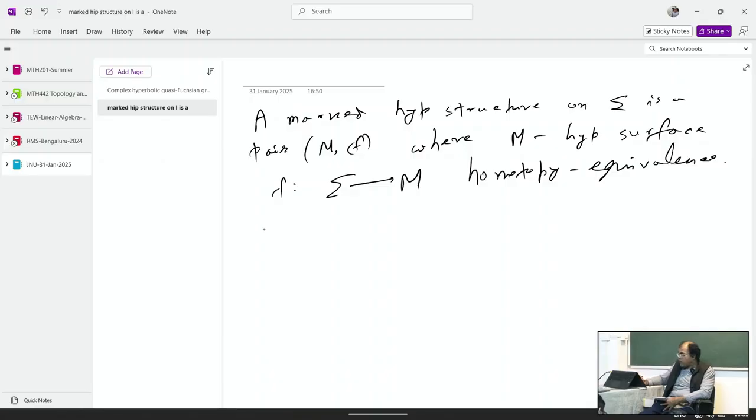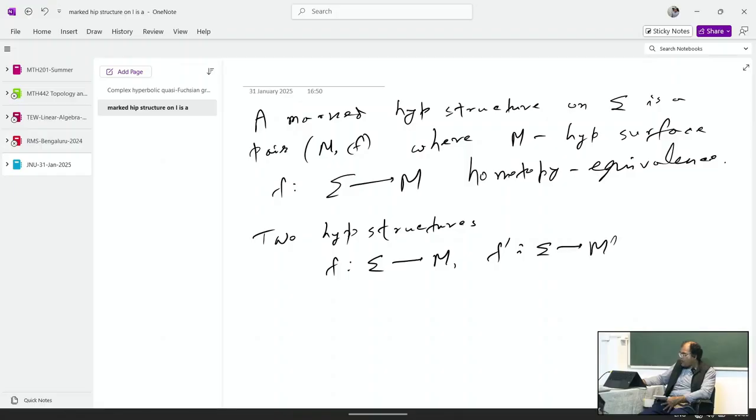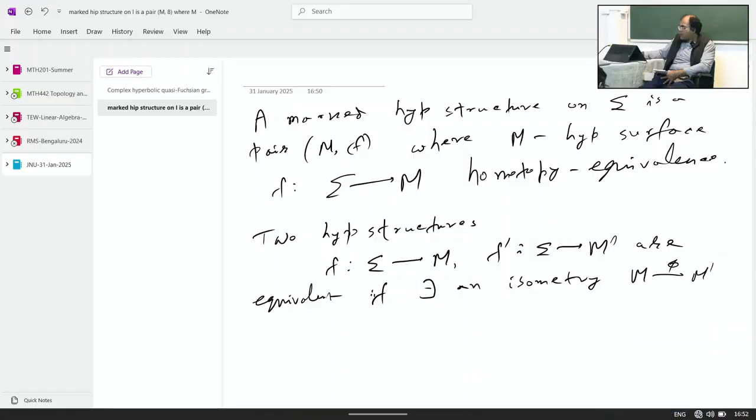And you have two hyperbolic structures, call them f: sigma to M and f': sigma to M', are equivalent if there exists an isometry phi: M to M'.